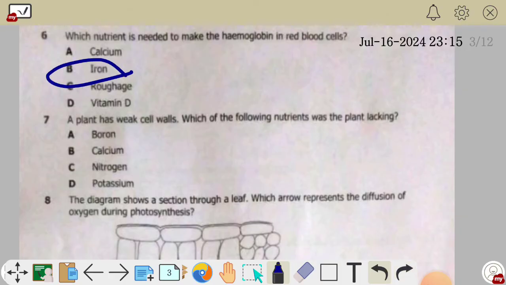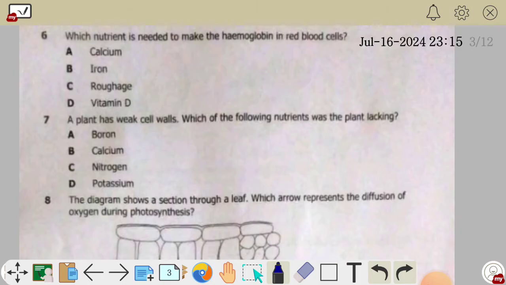So the correct answer here is B. Calcium and vitamin D are needed for bone formation, and roughage is simply needed in the small intestines to facilitate the movement of food in the alimentary canal. But iron is needed for hemoglobin. So question 6, the correct answer is B.